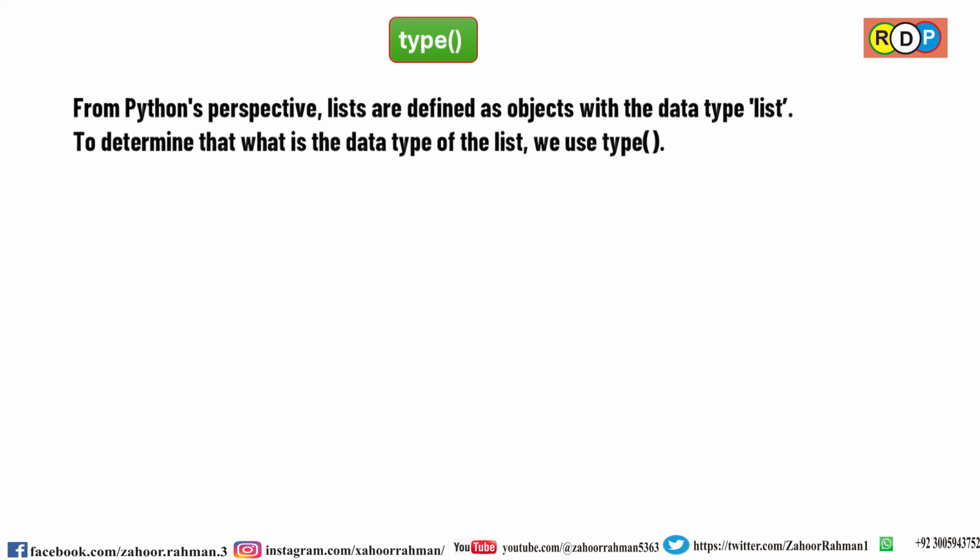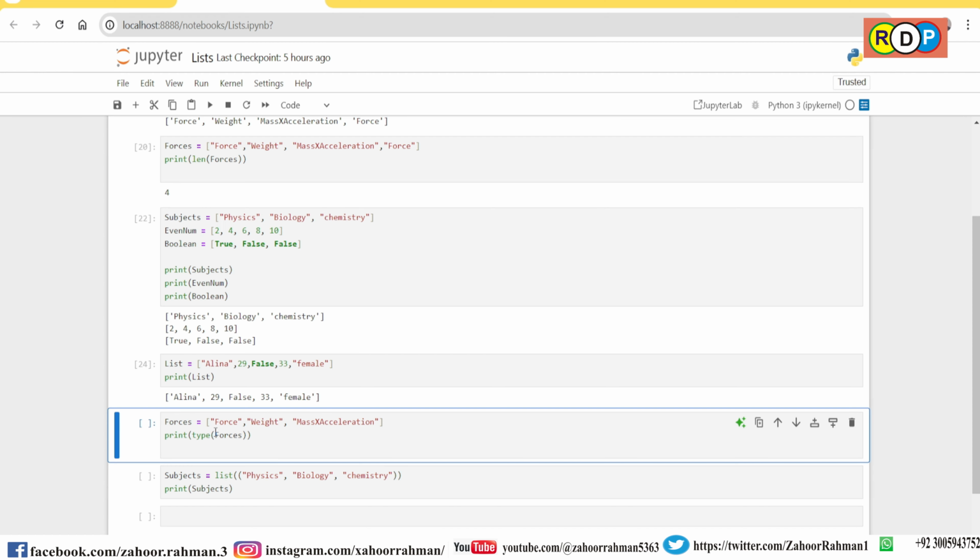If we want to see what type of list is there, then we will run this program in Jupyter Notebook. As you can see here, I have written forces, force, weight, acceleration and mass product, and I want to see what is the type of this forces. Is it an integer variable? Is it a string, boolean or real data type?